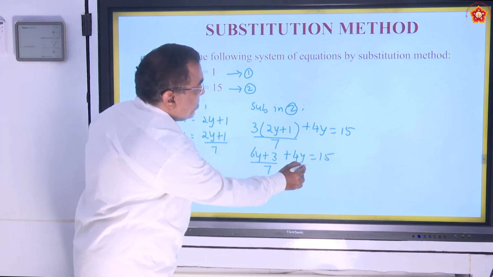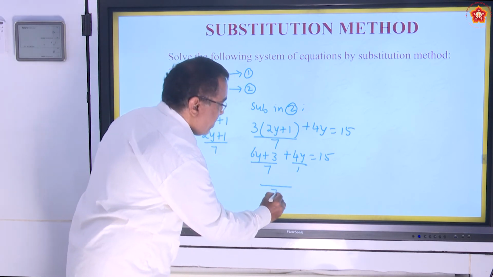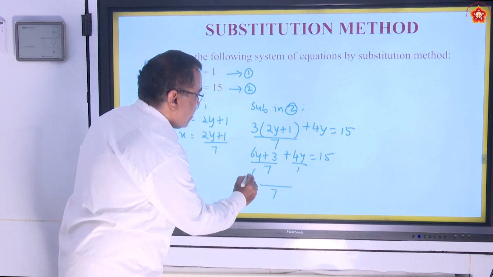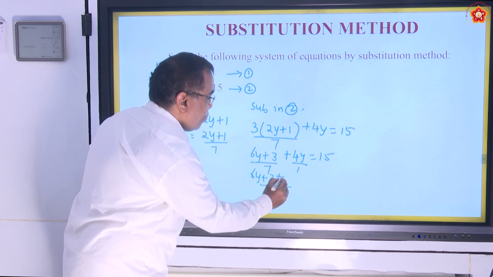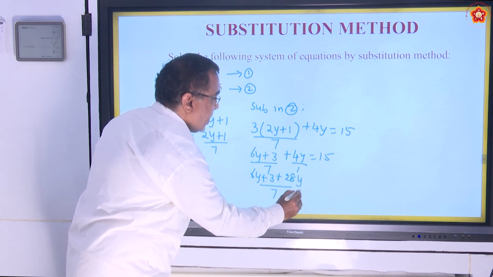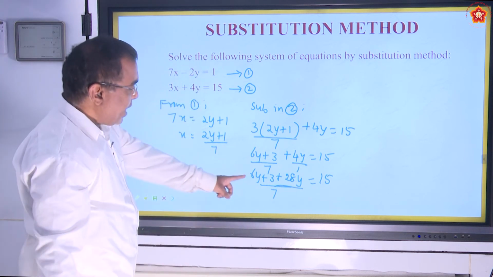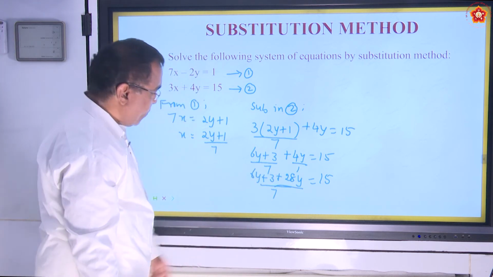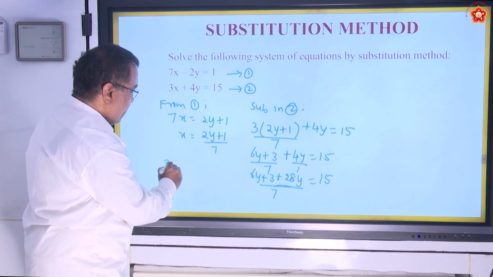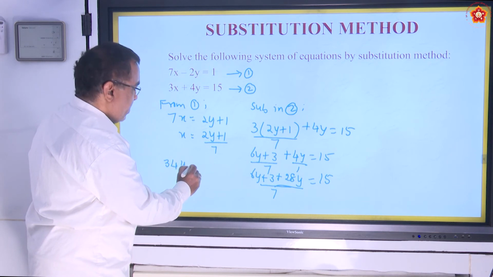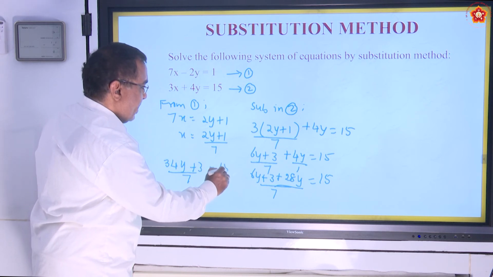Now we'll take the LCM for 1 and 7. It is going to be 7. So further simplification will give us 6y plus 3 plus 7 into 4y, which is 28y, equal to 15. So add up all the y's together. 28 plus 6y will be 34y plus 3, whole divided by 7, equal to 15.